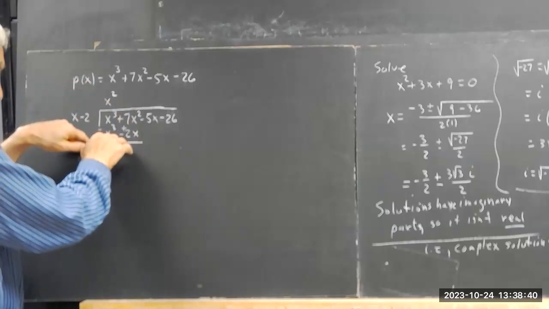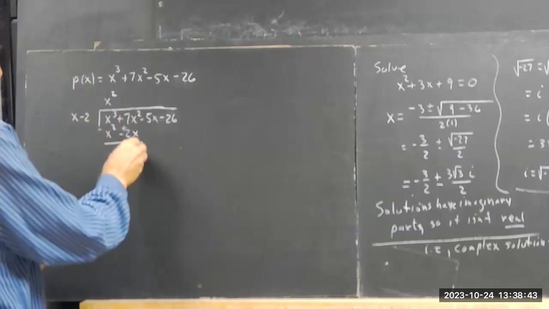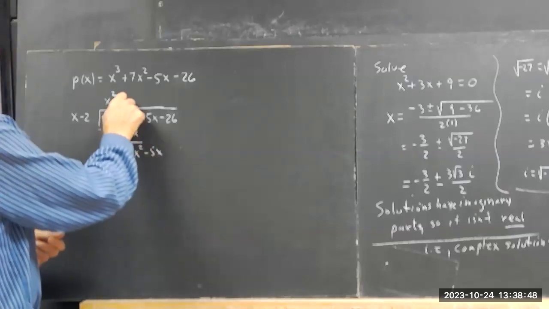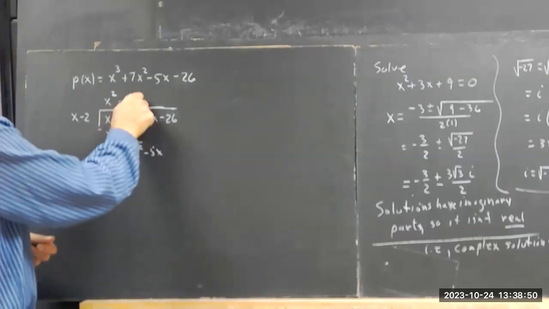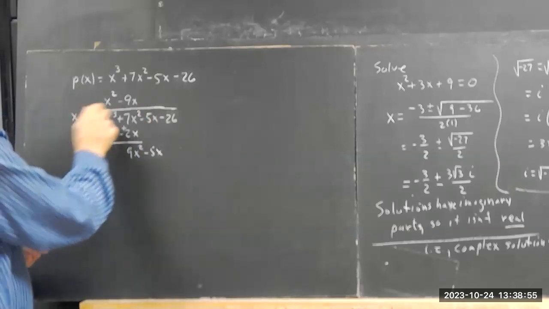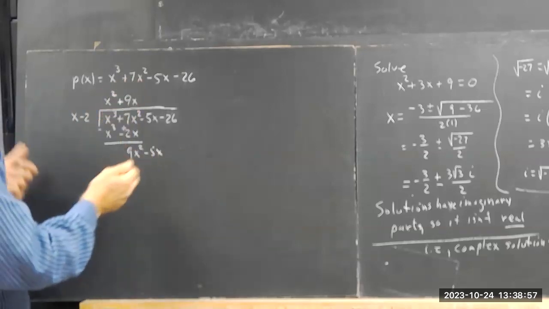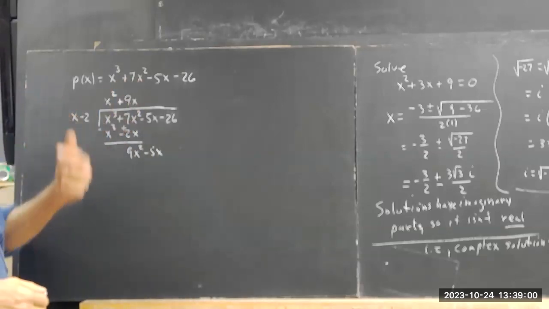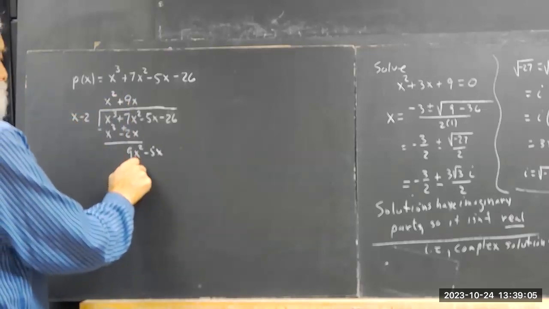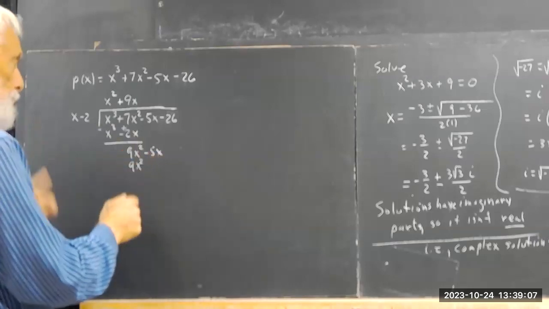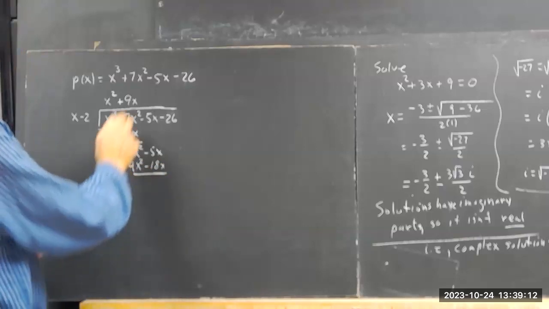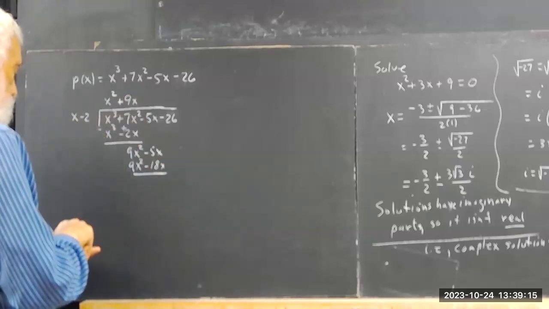Remind myself that we're subtracting this. So we put the plus signs on it and we get 9x squared minus 5x. Plus 9x times x gives us 9x squared. So we're going to have all our x squareds accounted for. And then, of course, we're going to multiply that by the -2.